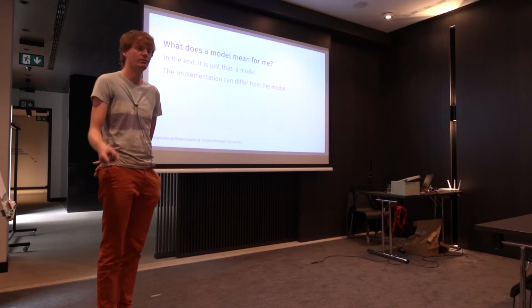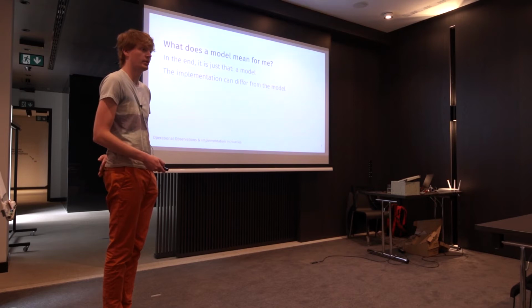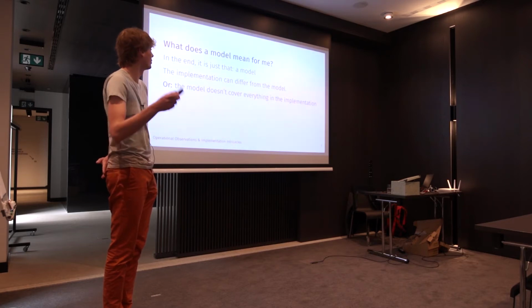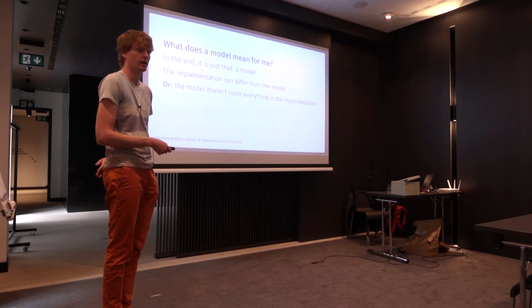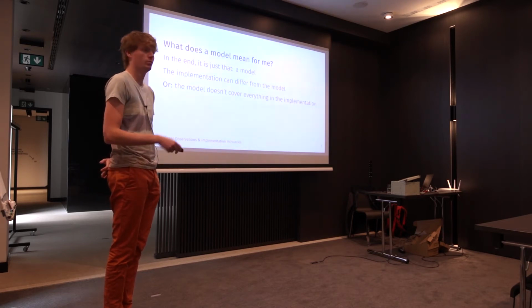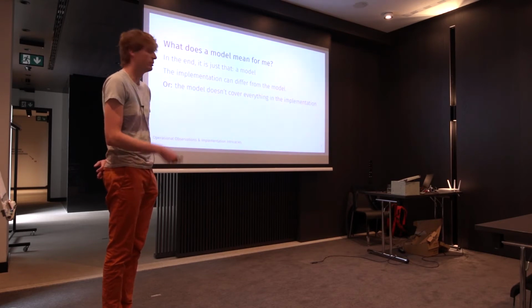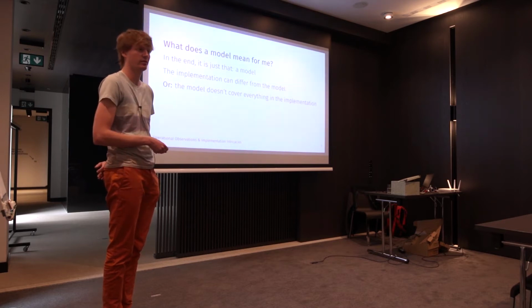The implementation can differ from the model. In this instance, it actually does. But the model specifies the guarantees of the interface. Or rather, the model doesn't cover everything in the implementation is a better way of specifying this, because the interface we'll discuss, and there will be some math, and the implementation has things that don't occur in the interface, like the logs.